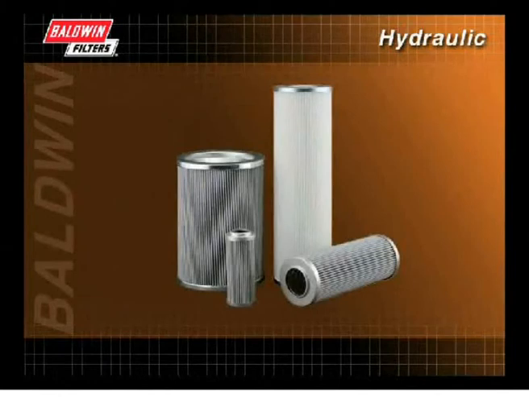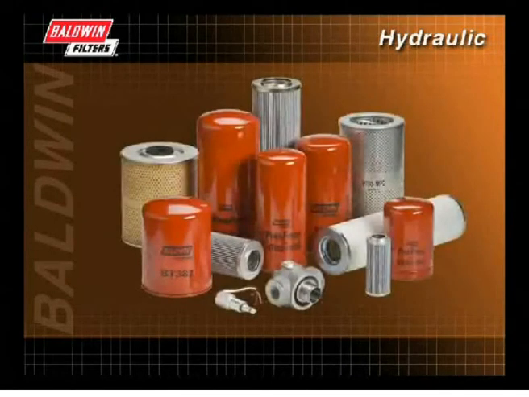Cartridge-type filters such as the Baldwin H9000 series with synthetic media are used on applications with high pressure requirements. Choosing the right hydraulic filter for your hydraulic system is essential in helping maximize service life and minimize operating costs.